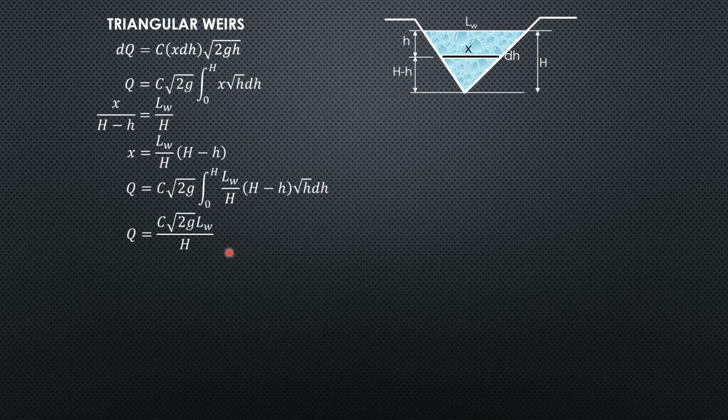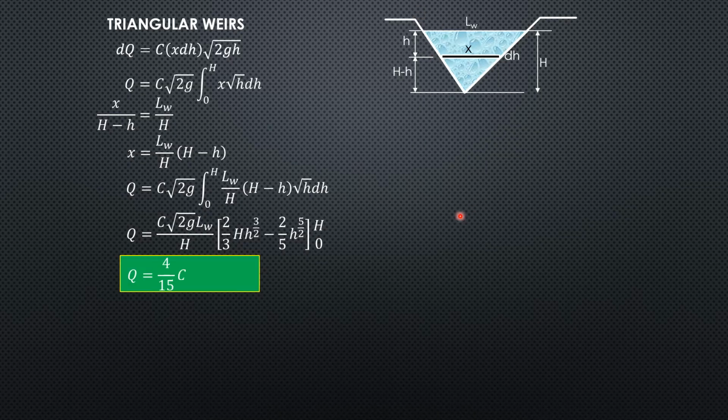So Q equals C square root of 2g LW over big H times 2/3 of big H to the 3/2 minus 2/5 of small h to the 5/2 from 0 to H. So it becomes 2/3 of big H to the 5/2 minus 2/5 of big H to the 5/2, then divided by big H. So the formula for triangular weirs, like this one, is 4 over 15 C square root of 2g LW H to the 3/2. That's for triangular weirs in general.